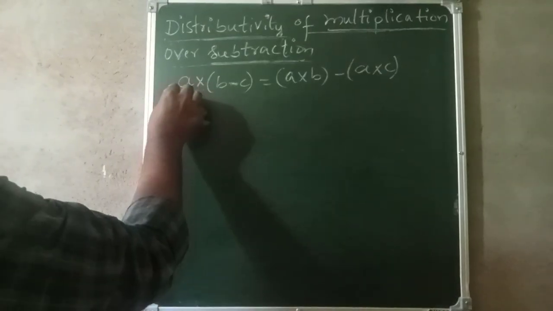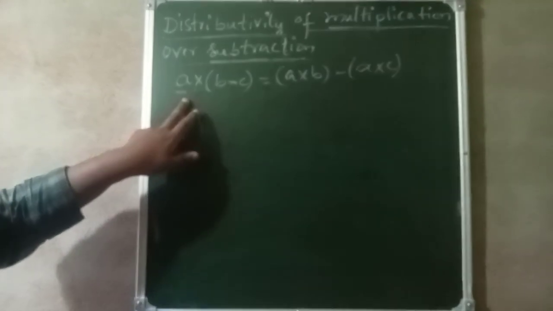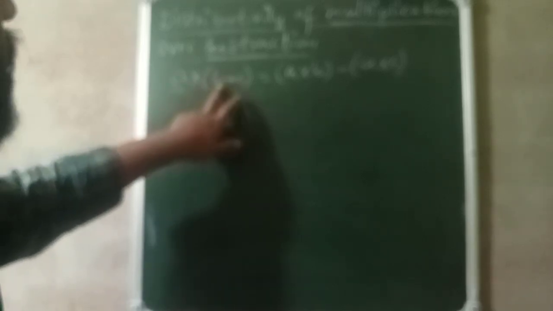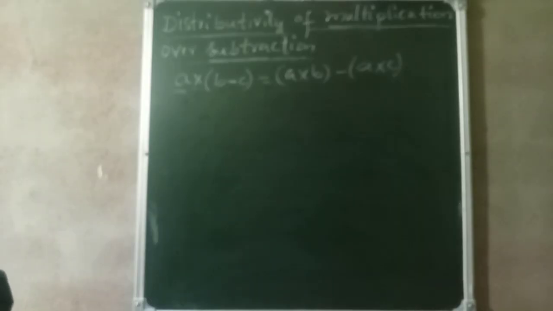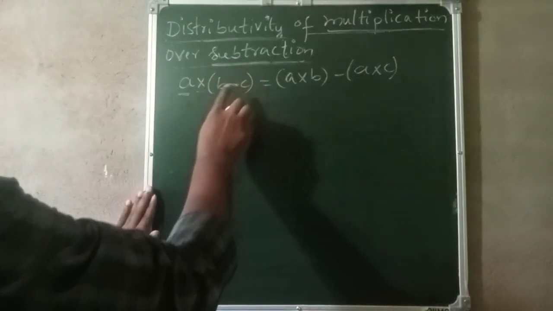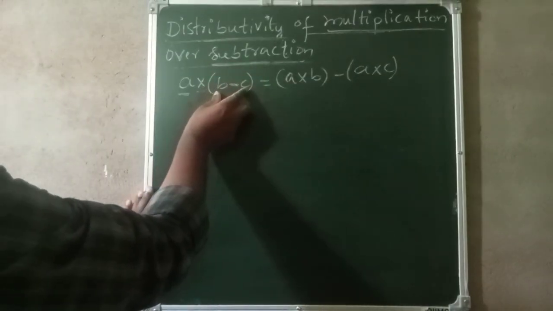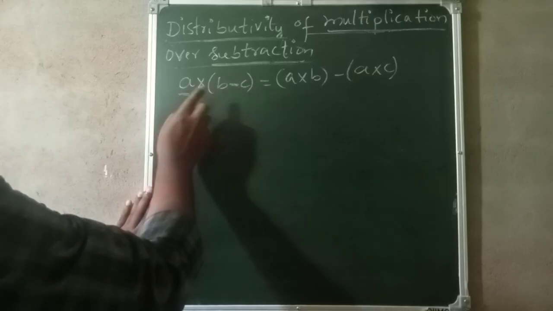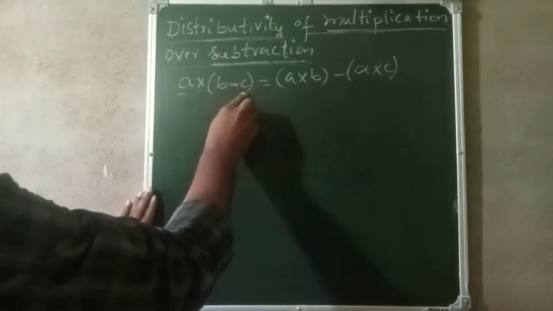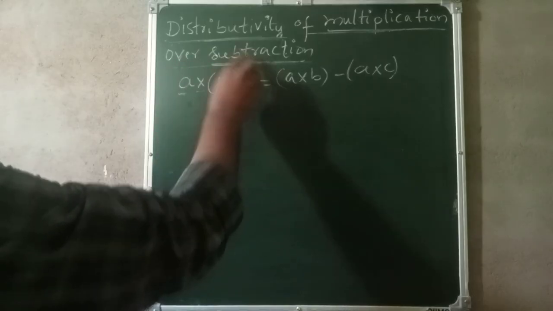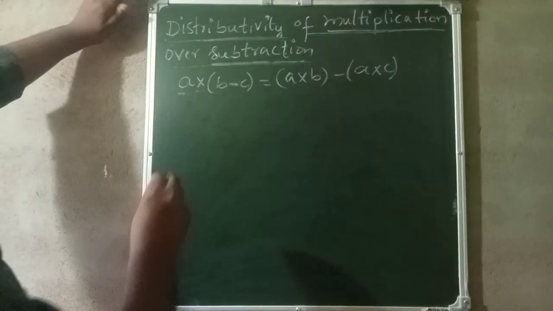Distributivity means this A is going to distribute over B and over C. So this is minus, subtraction. B minus C indicates the subtraction. So this A is going to distribute over this subtraction, that is, over subtraction. Correct?